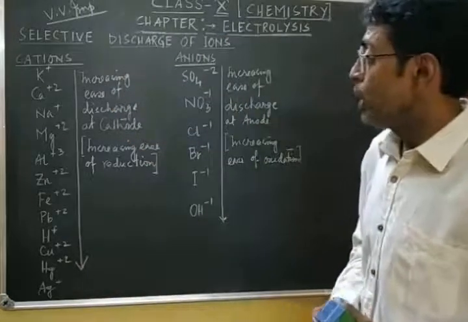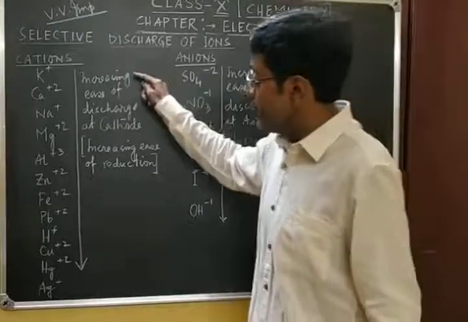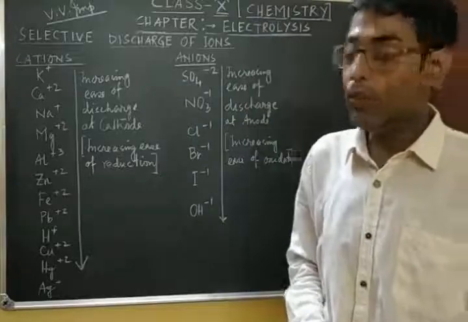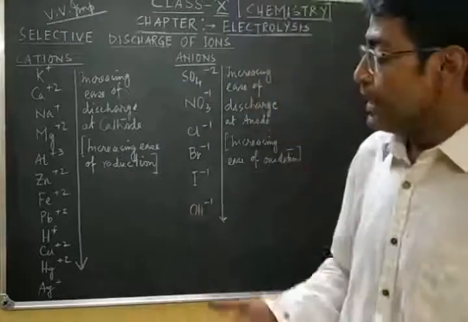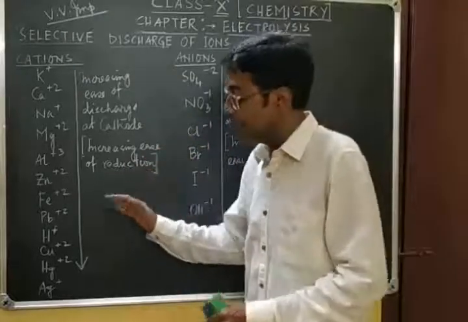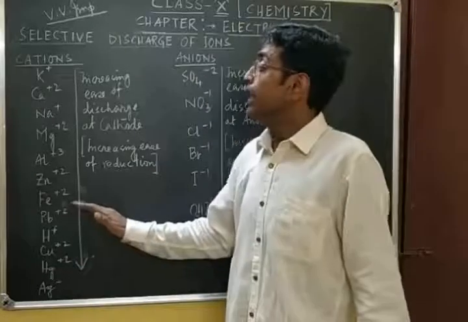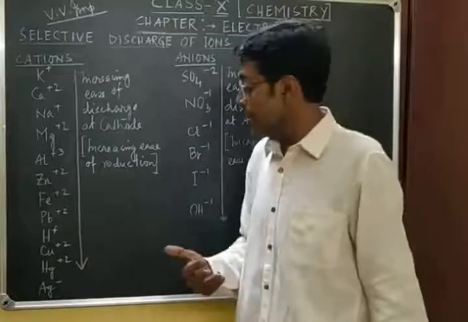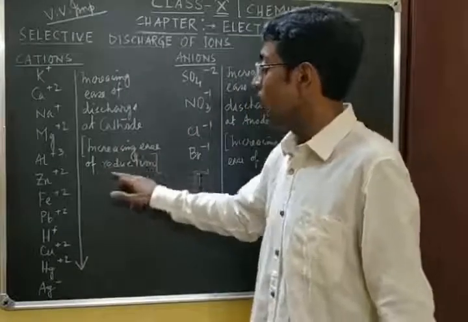As we go down the series, it is written increasing ease of discharge at the cathode, meaning the ions which are present lower in the activity series will be discharged more easily, that is, increasing ease of reduction.